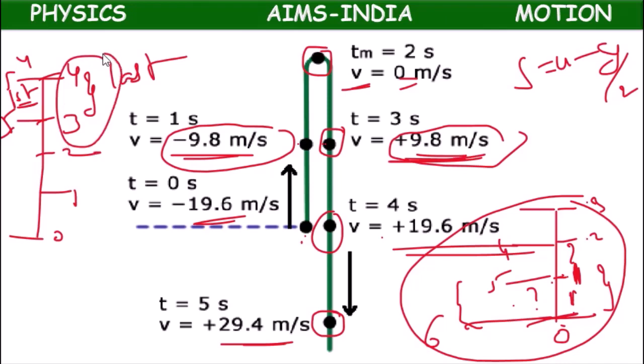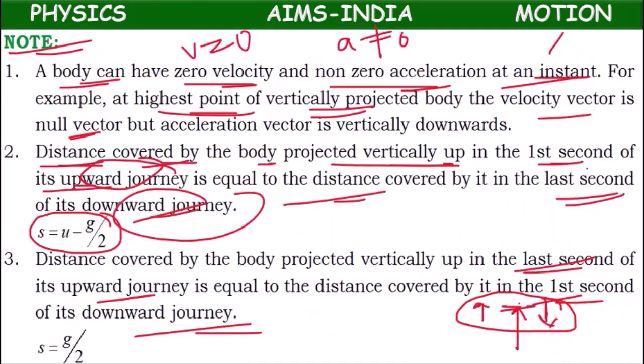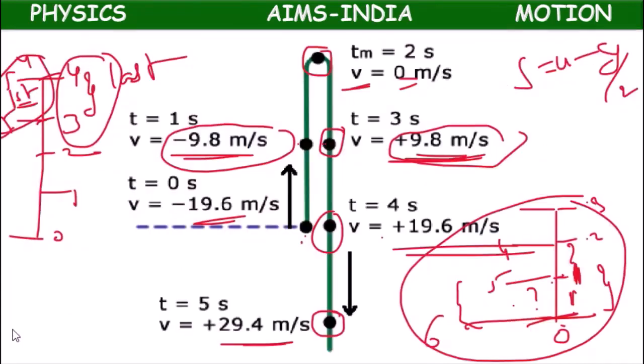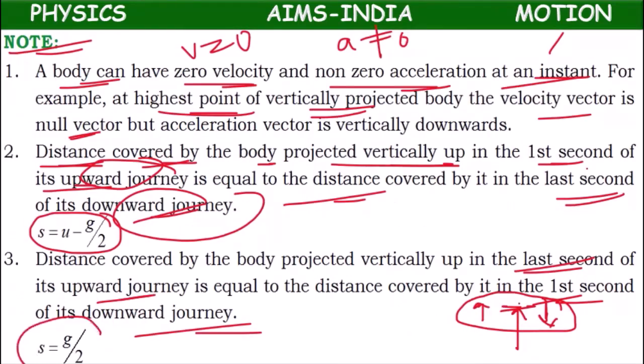They are also equal, but here the distance is calculated by the formula s equals g by 2. If you remember these shortcuts, you can solve the problems easily, children. So keep all these points in mind.